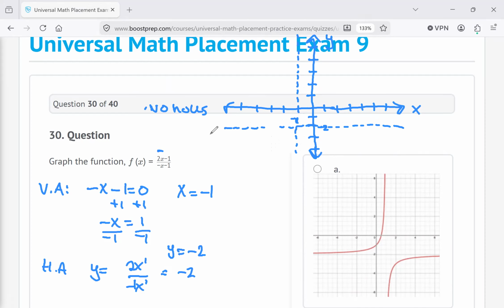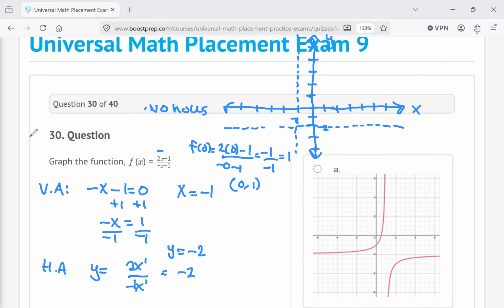If I plug in 0, 2 times 0 minus 1 is negative 1, and negative 0 minus 1 is negative 1. Two negatives become a positive, so you have the point 0, 1 right there. That's good enough because you know it's not going to cross this here.